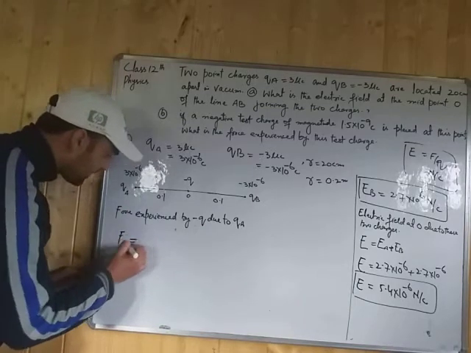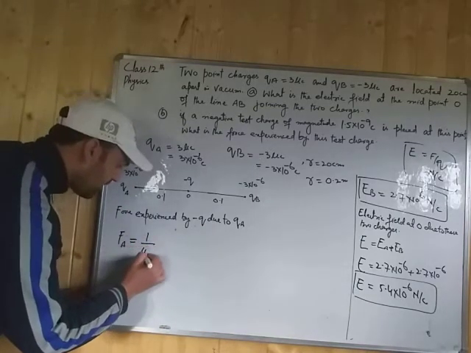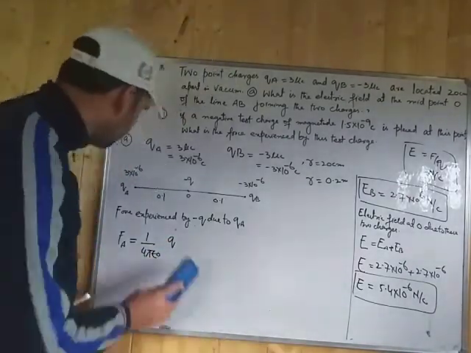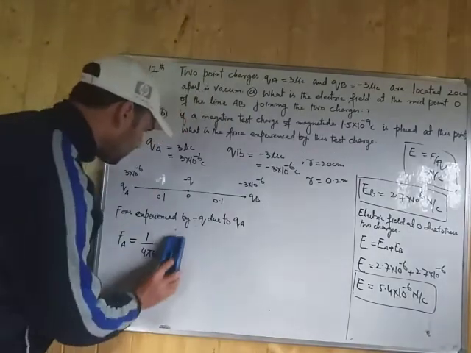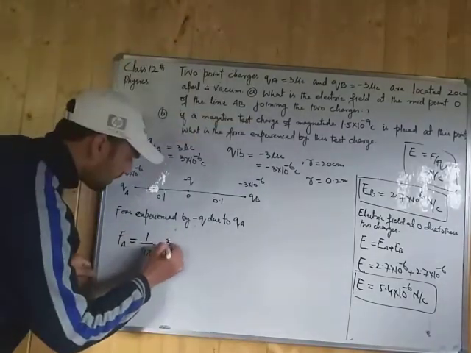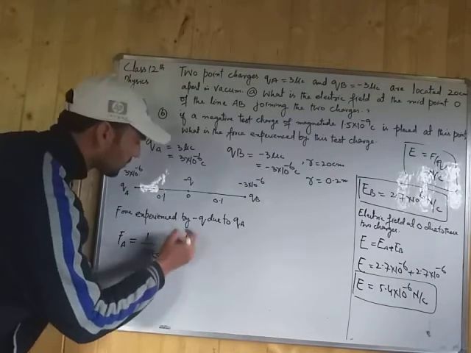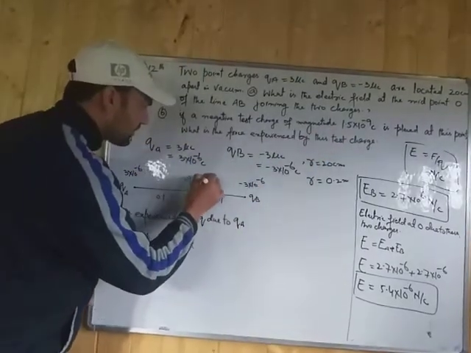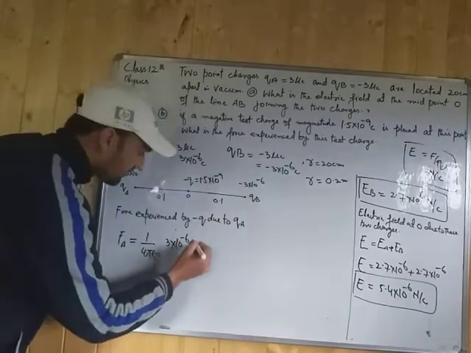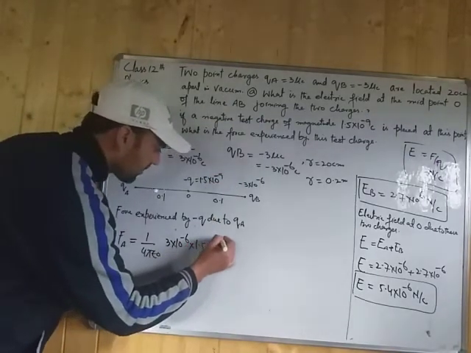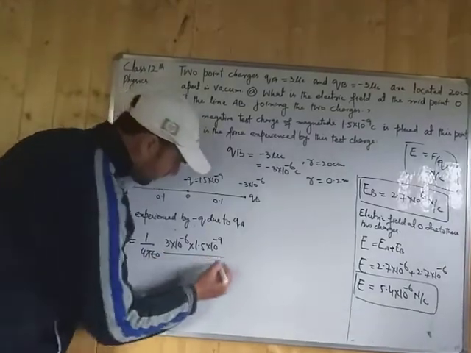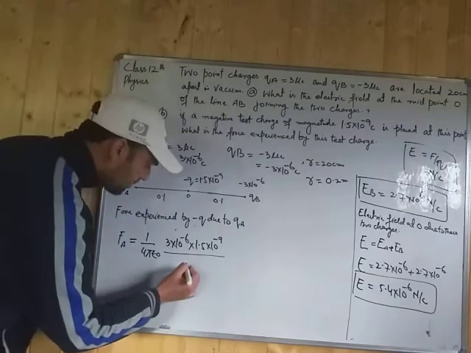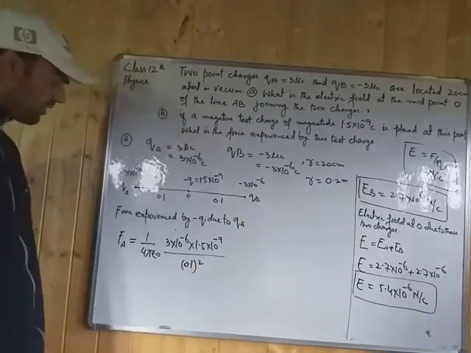According to Coulomb's law, that is equal to 1 divided by 4 pi epsilon naught, Q1, which is 3 into 10 raised to power minus 6, into Q2, whose magnitude is 1.5 into 10 raised to power minus 9, divided by the square of the distance between them. Here the distance is 0.1, whole square.